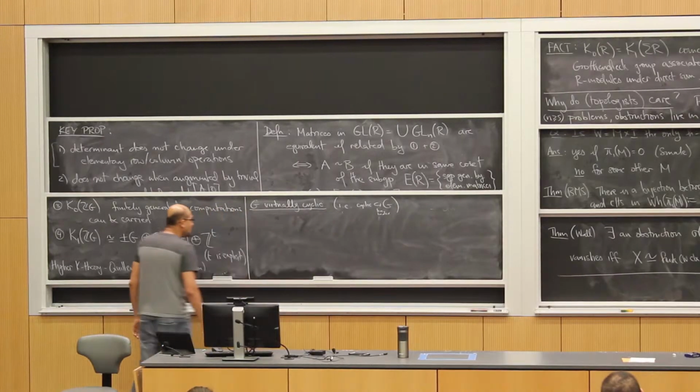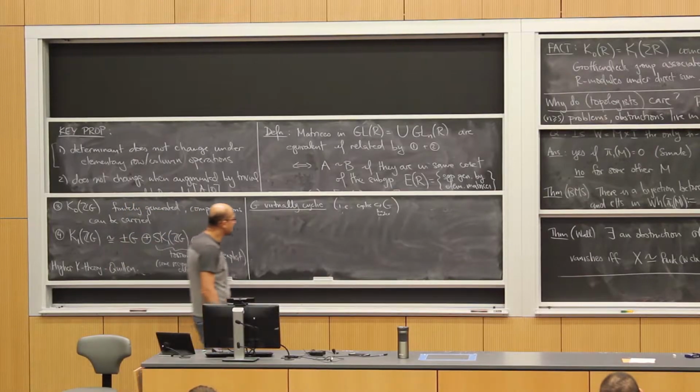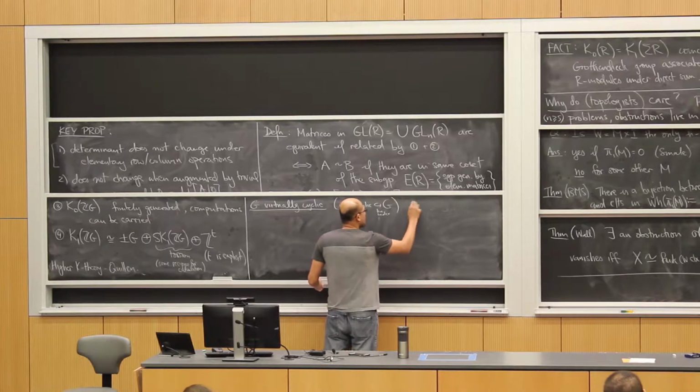And virtually cyclic groups come in two flavors. There are two types.